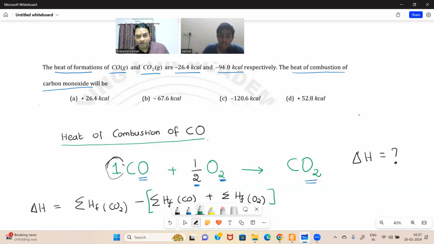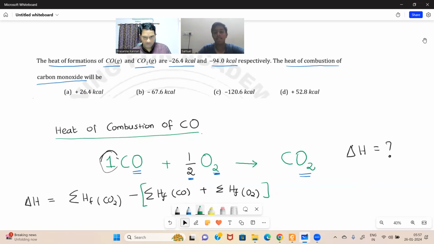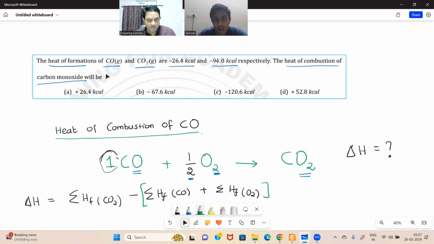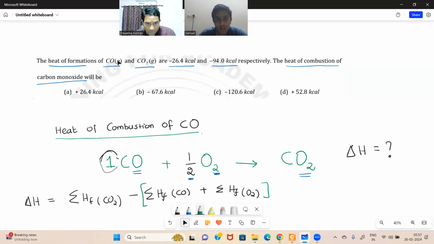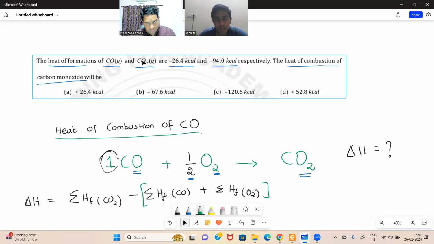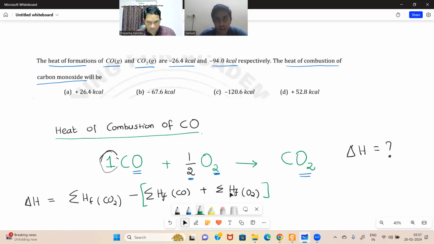And as discussed, what is going to be the enthalpy of formation of oxygen? It is not even given in the question, correct? What is given in the question? Heat of formation of carbon monoxide and heat of formation of carbon dioxide are given. But oxygen's heat of formation is not given. How do you deal with it? Didn't I tell you that the heat of formation of oxygen in its naturally occurring state is 0?